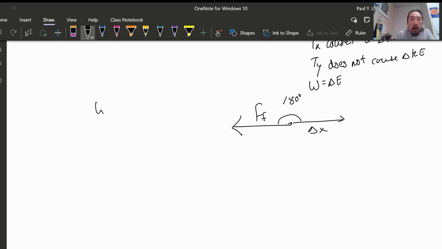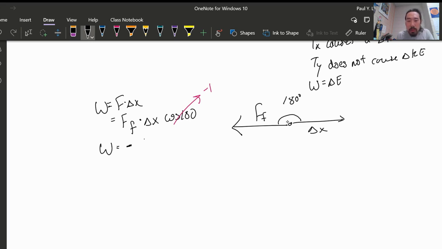So going through the work, we would say F dot product delta x. So it'll be the force of friction times delta x times the cosine of 180. Cosine of 180 gives us -1. So what this tells us is pretty cool. We have a negative value here, right?